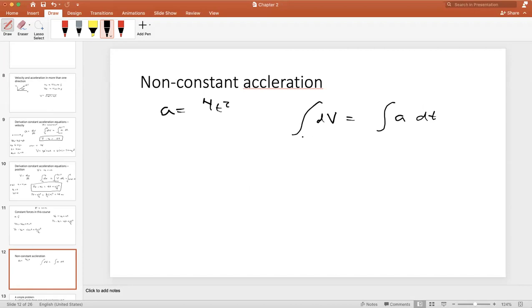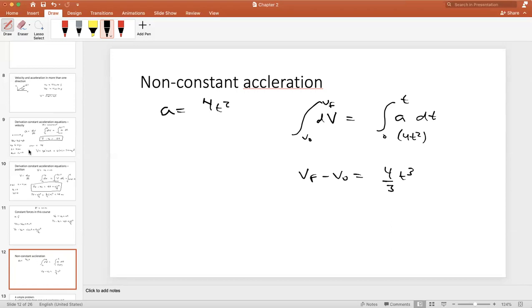Take those same integrals, v naught to v final, 0 to t, and what we get is v final minus v initial is, if this were 4t squared, 4/3 t cubed, right? And then you could do the same for the position. So it doesn't really matter if a is not constant. All you do is do the integrals, but we're not going to do those.